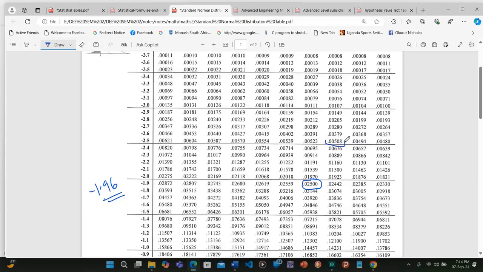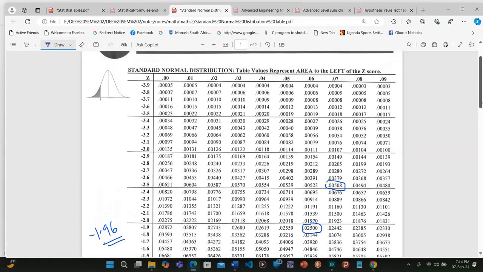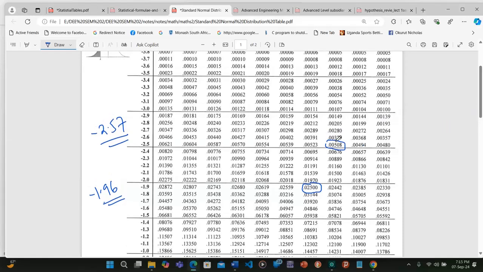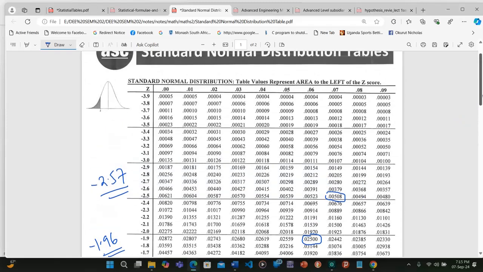So probably we can take this, and that will be -2.5. So the Z value that corresponds to approximately 0.005 is -2.57, because this is 2.5 negative and above there is 0.07.